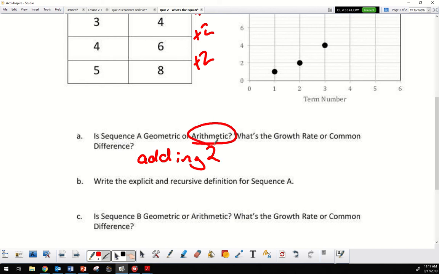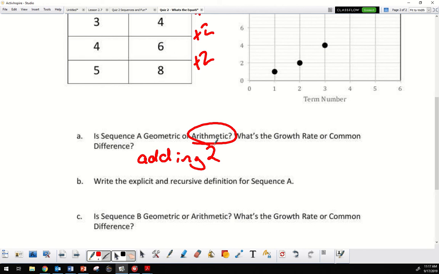Write the explicit and recursive for this one. So let's start off with recursive because that's the easiest one, right? Recursive requires the previous term, and the previous term needs the f of n minus 1.